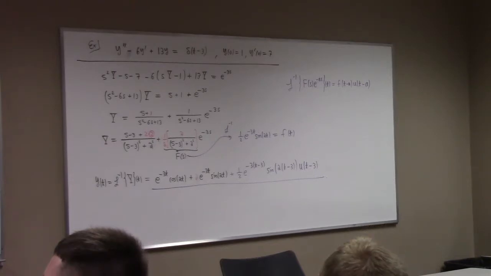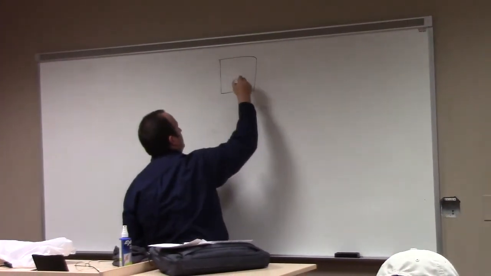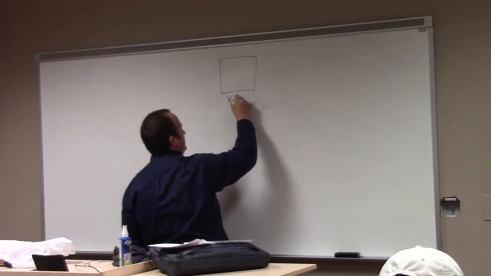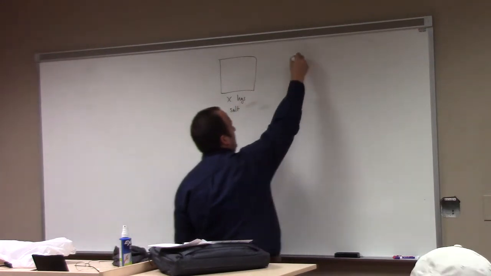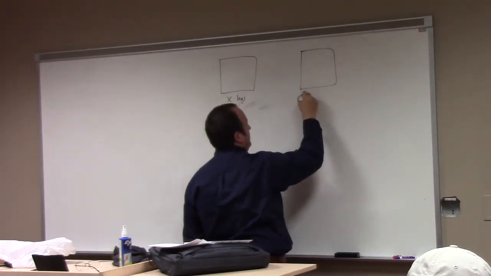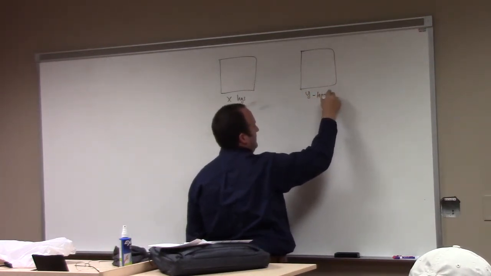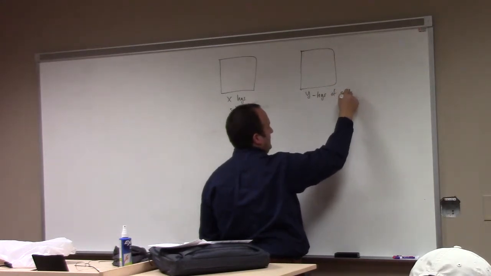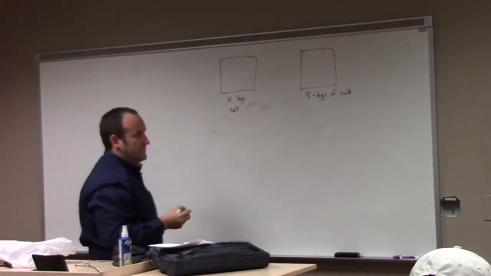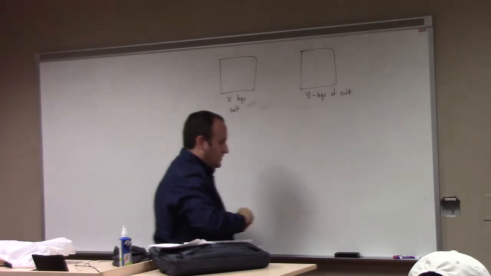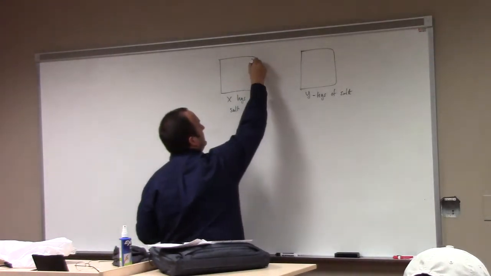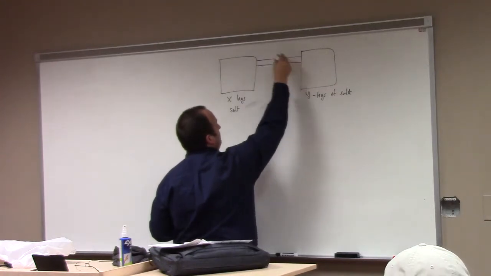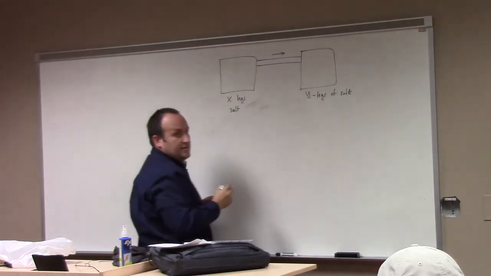Let's try. So suppose you had, let's say, X kilograms of salt in this tank, and we have another tank over here where you have Y kilograms of salt. And then suppose that you have a couple pipes, right? One pipe going from here to here, like that, right?